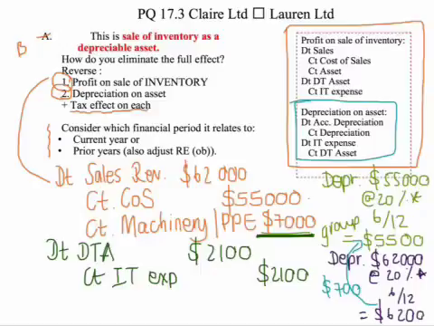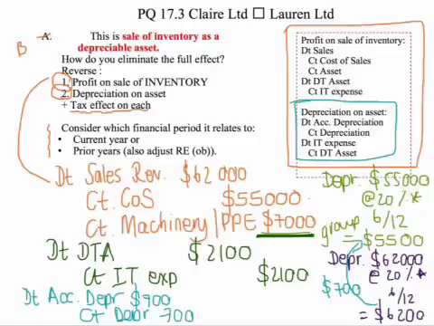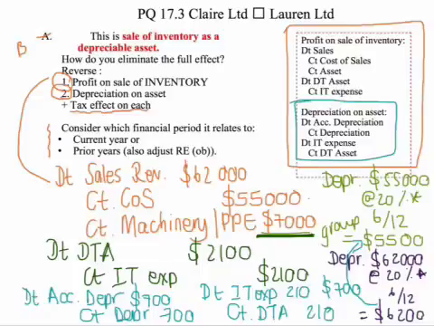So we're going to debit accumulated depreciation $700, credit our depreciation $700, and the deferred tax effect, reversing the deferred tax asset, is debit income tax expense 210, and credit our deferred tax asset 210.